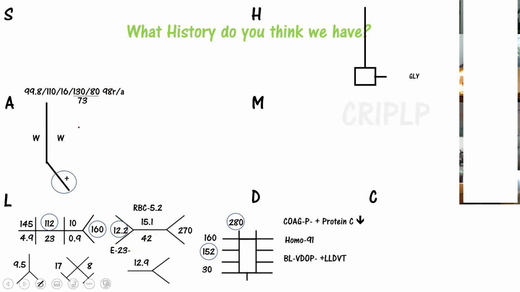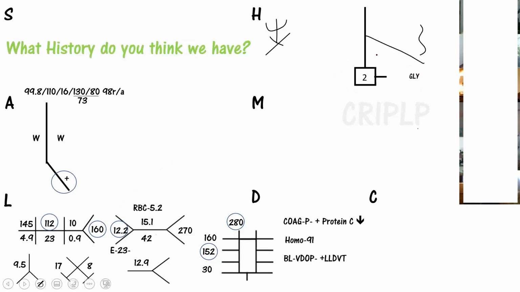What history do you think they have? Okay, well, if it's DVT, sedentary, there's nothing else really showing here other than maybe the diabetes, but I don't know. So then I go in. Okay, what do I see? He's a smoker. Now this symbol right here we talked about. This is psych.